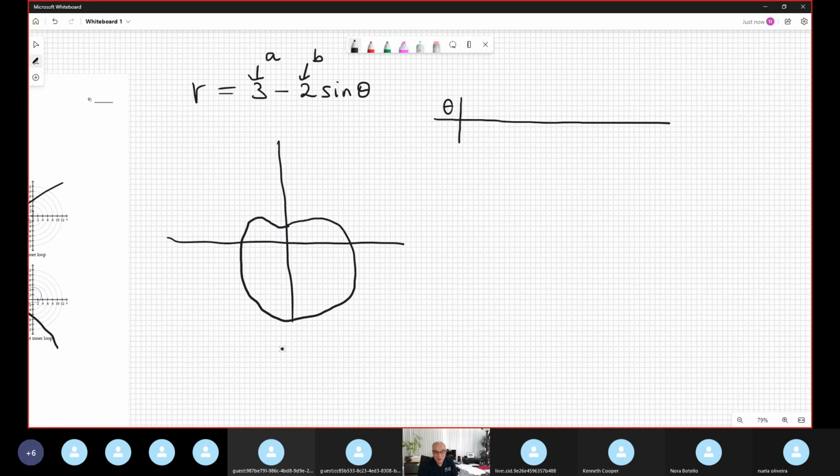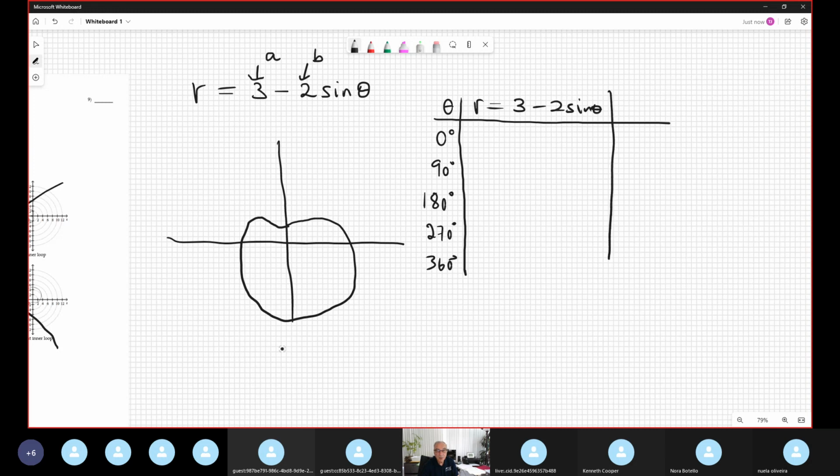Entonces I suppose 0, suppose 90, suppose 180, suppose 270, and we come back to 360, no? I'm plugging in my expression que es 3 minus 2 sine theta. And we get the point in polar, r, theta. Entonces es 3 minus 2 sin 0.